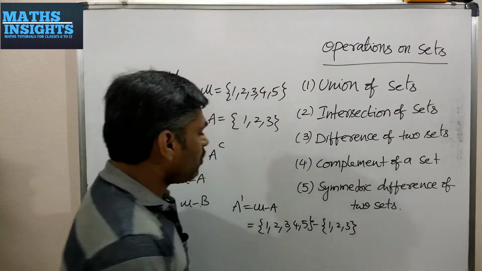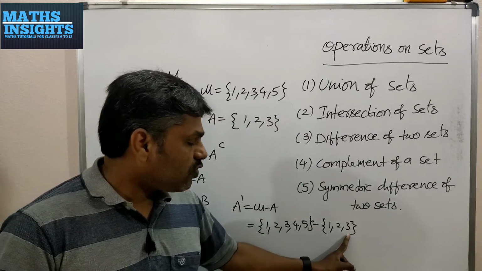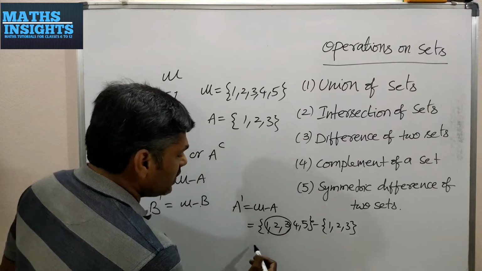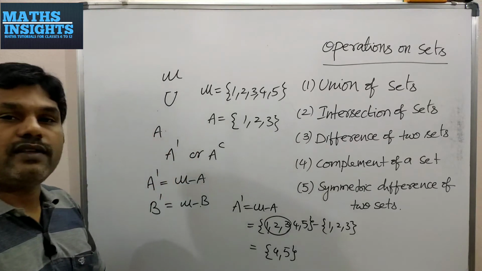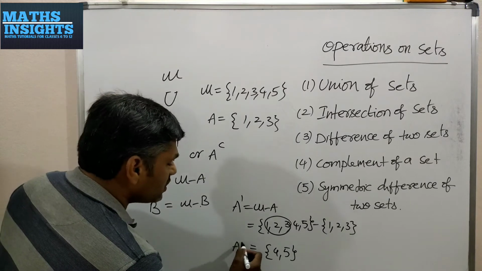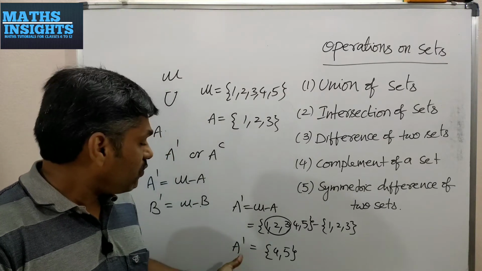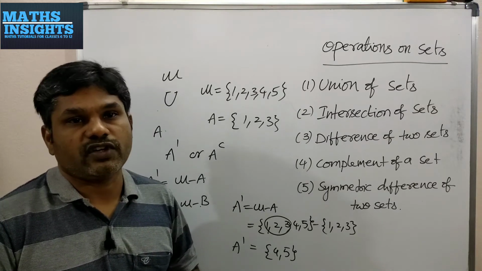Minus means subtraction, you have to remove all these elements from this set. Then 4, 5 will remain, and this is called the complement of set A. In this way you may have more examples in our coming problem solving videos.